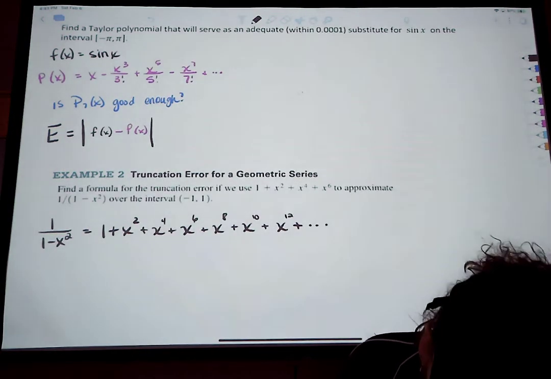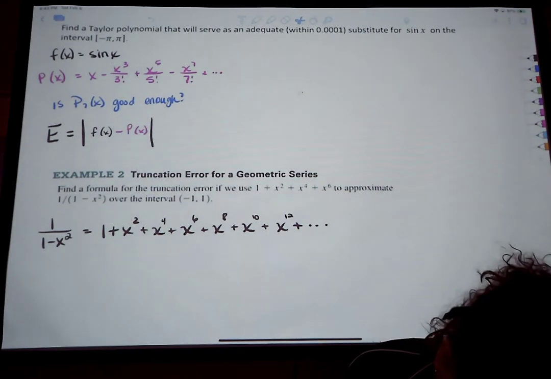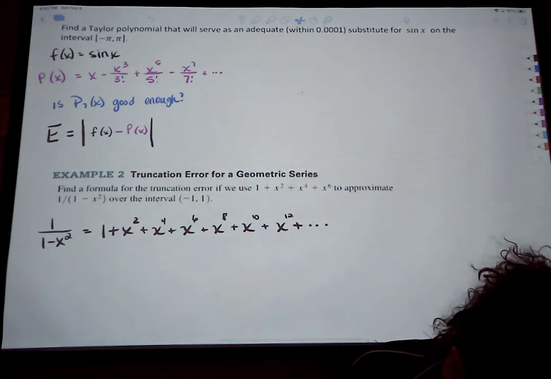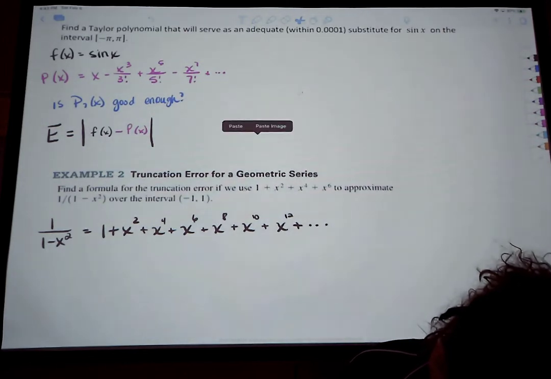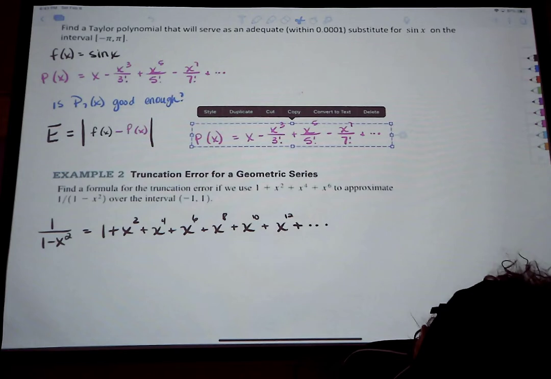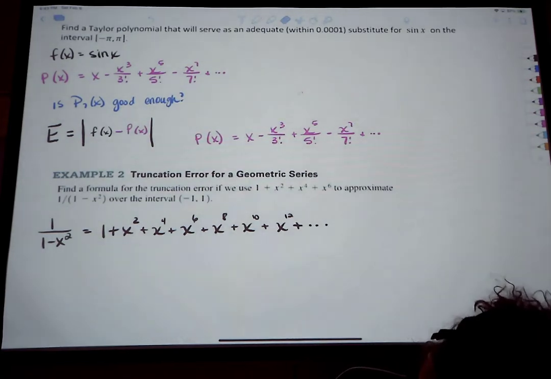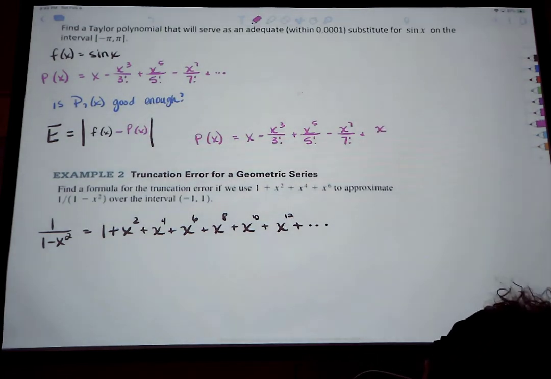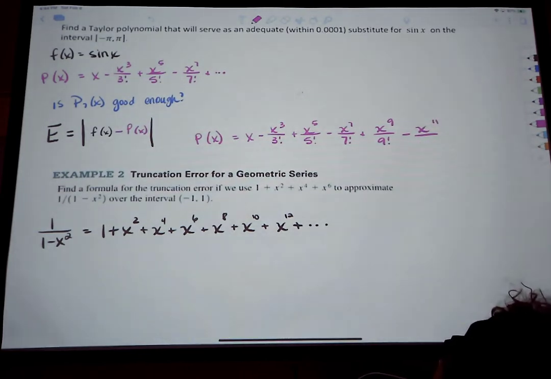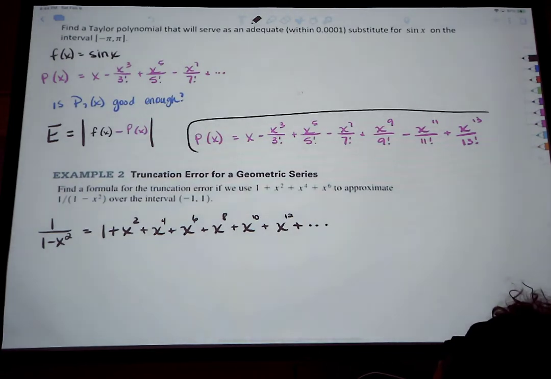Okay, so turns out my answer is minus plus x to the 9th, x to the 11th, final answer.